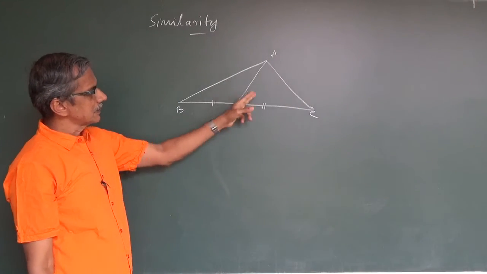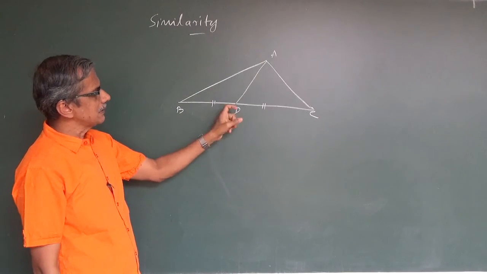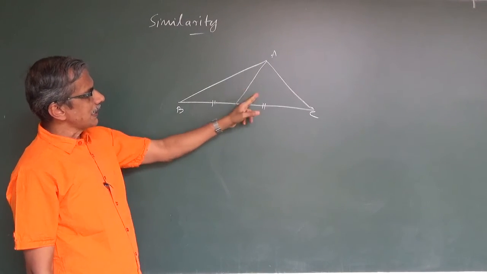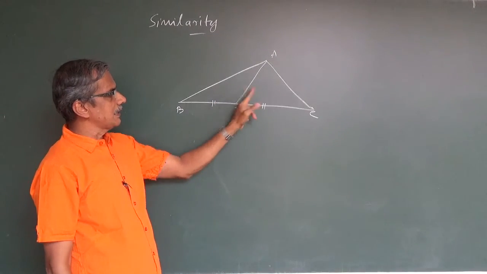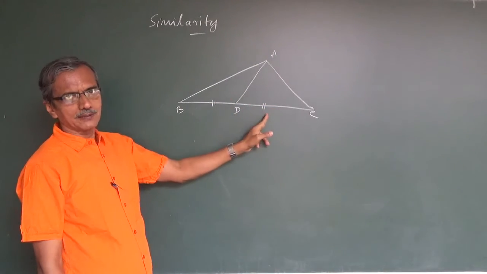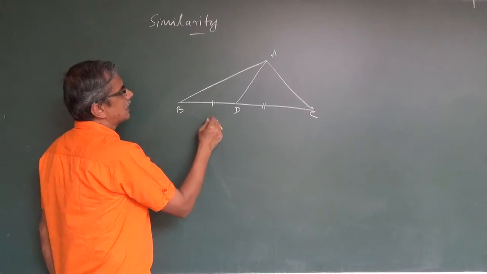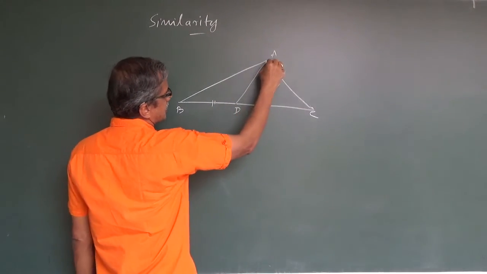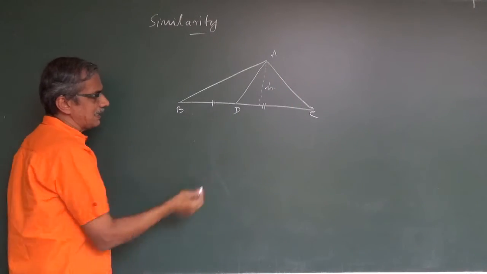Now this is not pertaining to similarity, but you can understand that both the triangles are having same altitude. The altitude of this triangle and altitude of this triangle are same. These bases are equal. Both the triangles have the same altitude.